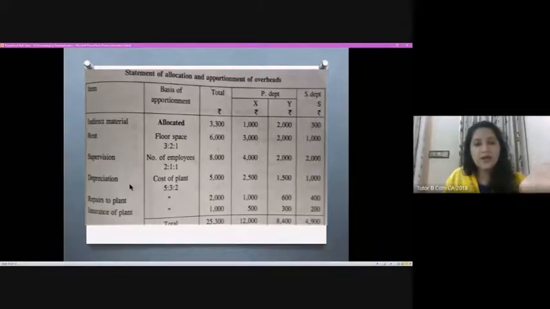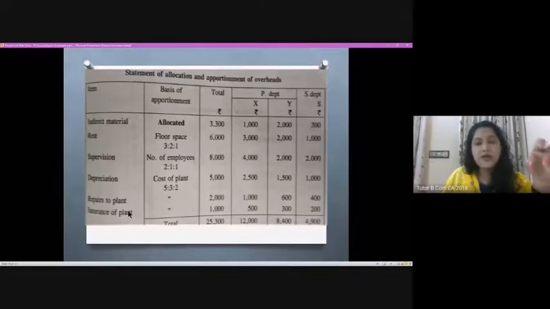So we are taking cost of plant as the basis for apportionment of depreciation expense, or proportionate allocation of depreciation expenses. The next, of course, is repairs. We are assuming that it is repairs connected to this particular plant. So cost of the plant again is taken as the basis. Next one is insurance of the plant, right?